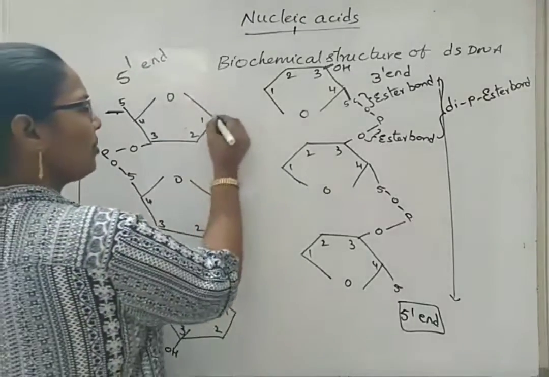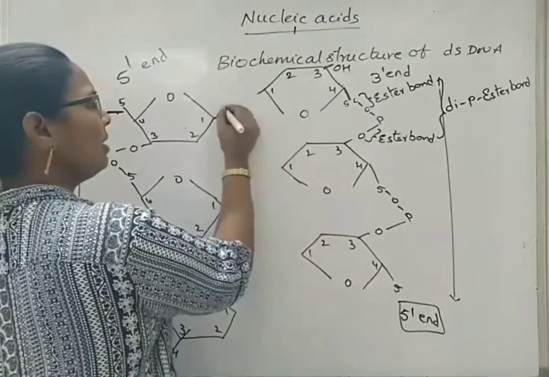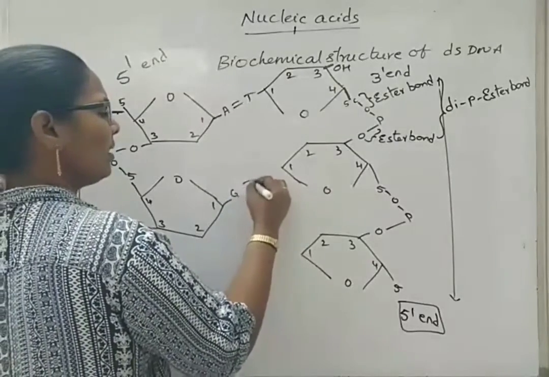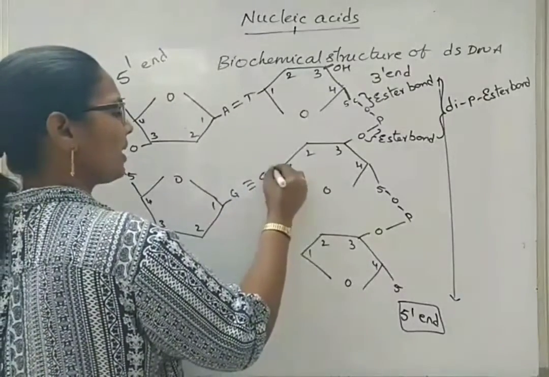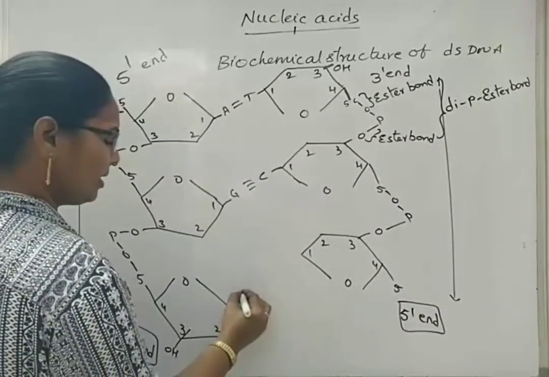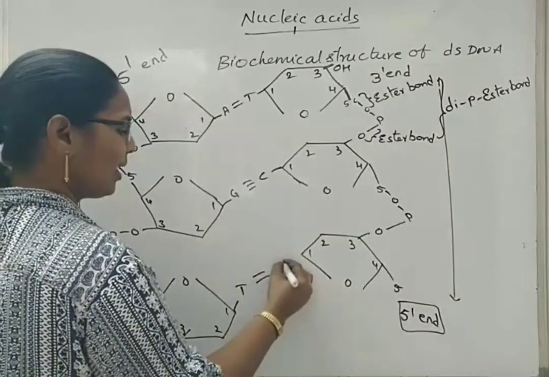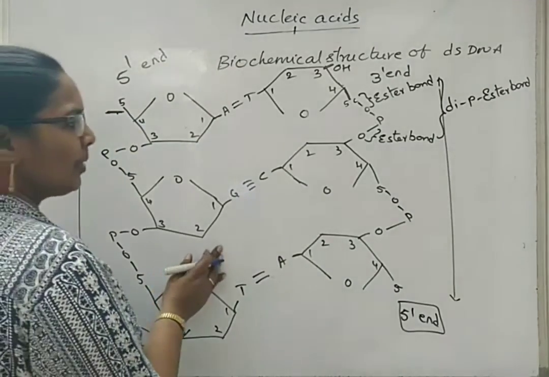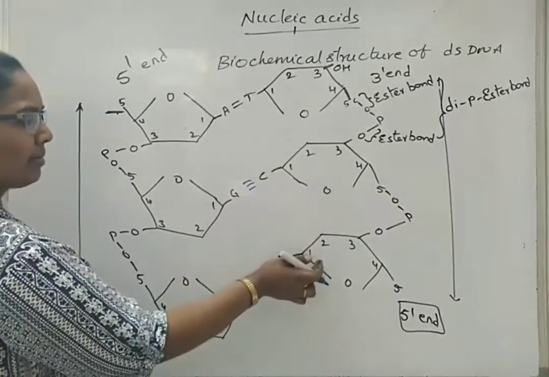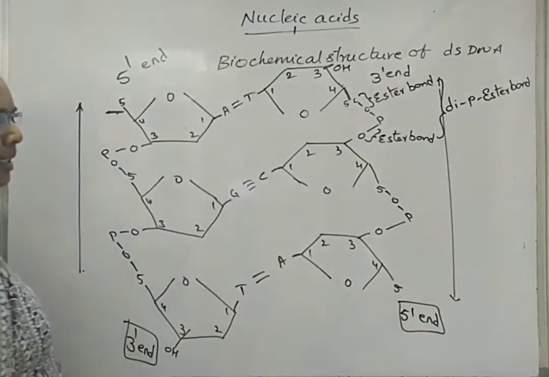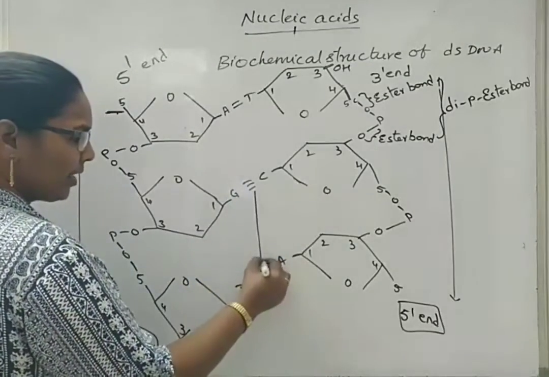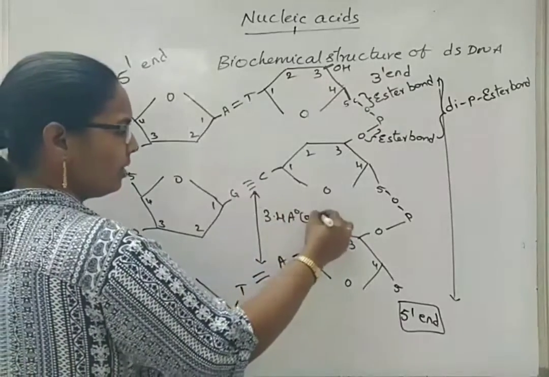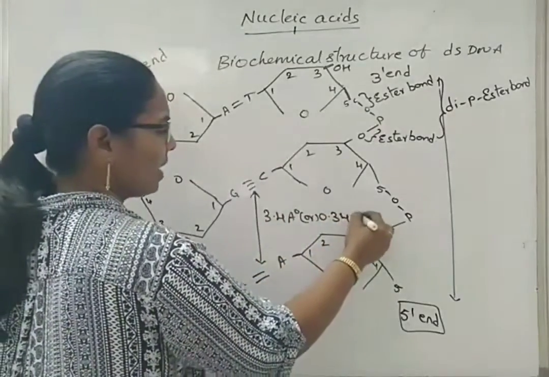Now, what about nitrogen bases? With the glycosidic bond, if it is adenine, it will pair with thymine. If it is guanine, then it will be cytosine. If it is again thymine, it will have two hydrogen bonds with adenine and another glycosidic bond. The distance between two nitrogen bases or base pairs in a nucleotide we can say is 3.4 angstroms or 0.34 nanometers.